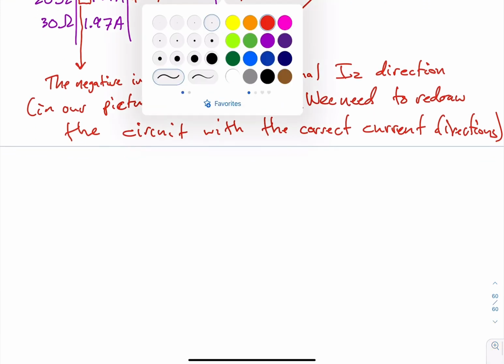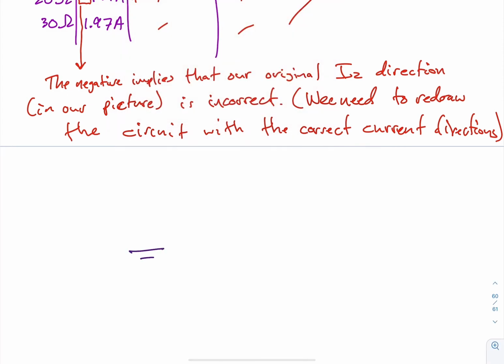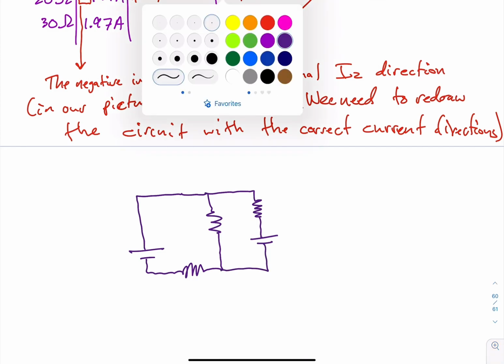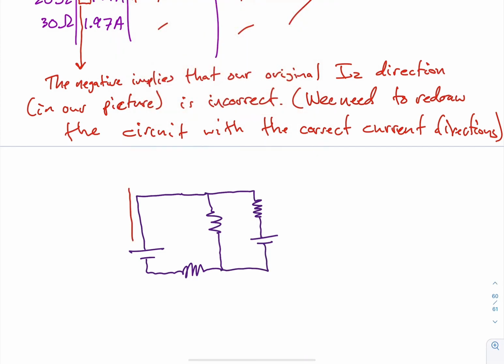And now what we're going to do is redraw our circuit diagram, where we have our resistors and our power supplies in the same places, but I'm going to choose the correct directions for our currents now.